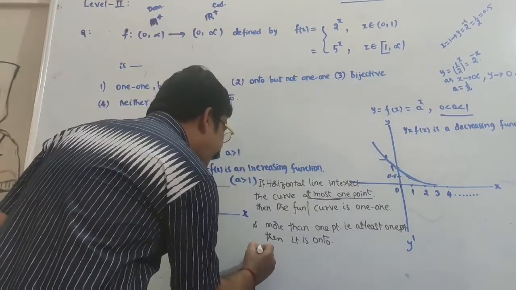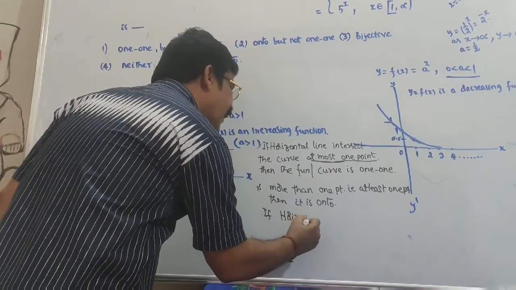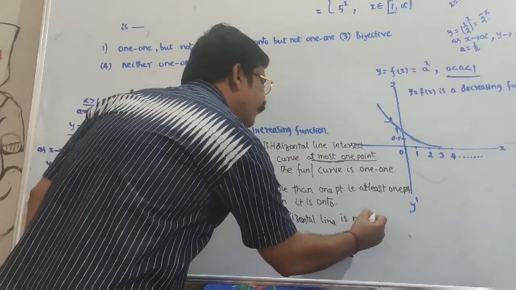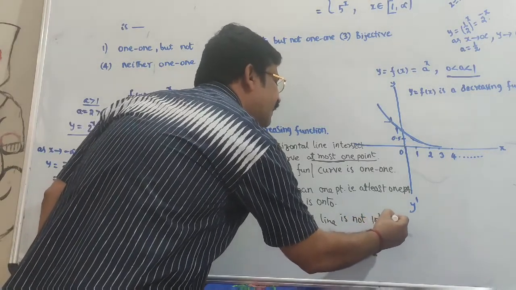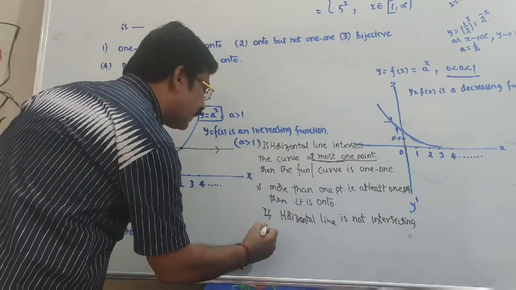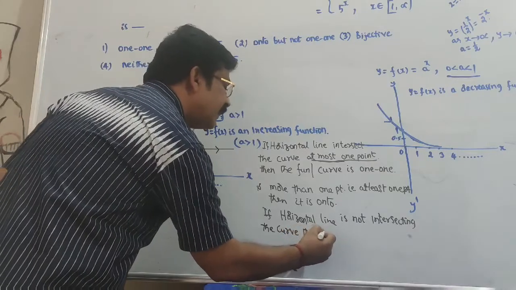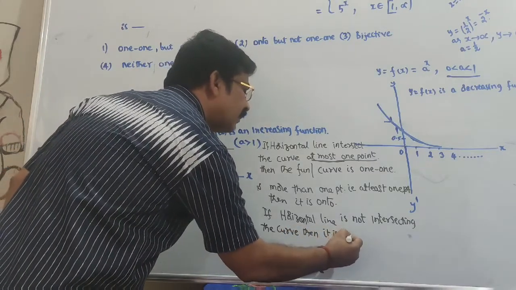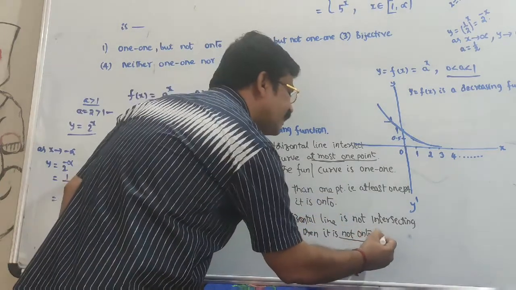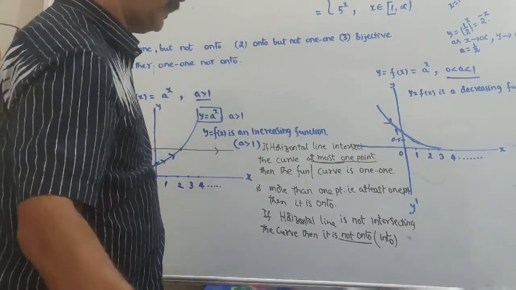Remember, if the horizontal line is not intersecting the curve, then it is not onto function. Not onto means it is into function. One minute.